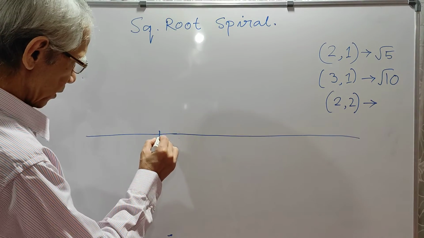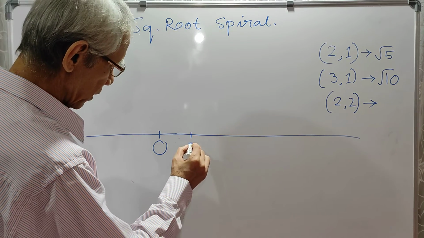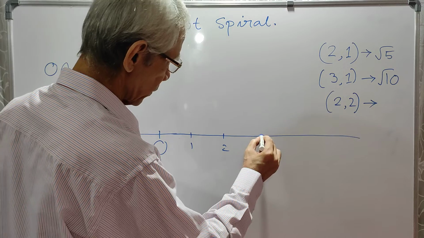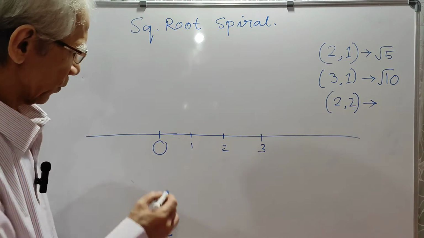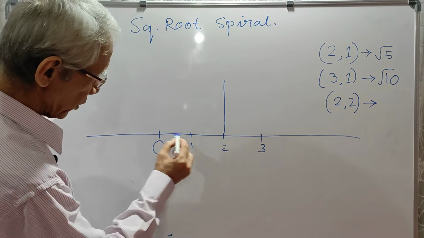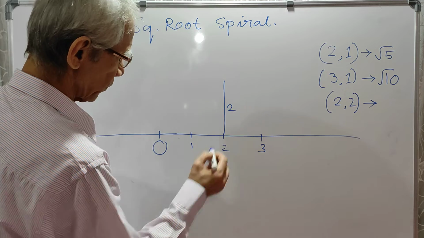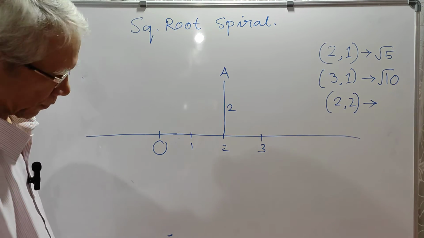Again, this is O, which indicates 0. This is 1, this is 2, this is 3. Now I am going to take 2, 2. So this length is 2 and this length is 2. This point is A and suppose this point is B.